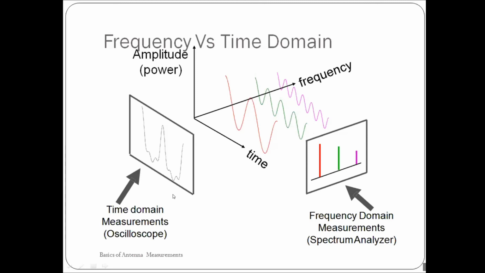But in the oscilloscope, what is the difficulty? You can see only one time signal. But here you see many time signals in terms of the frequency. You have 3 signals, 3 frequency components, you can see it.